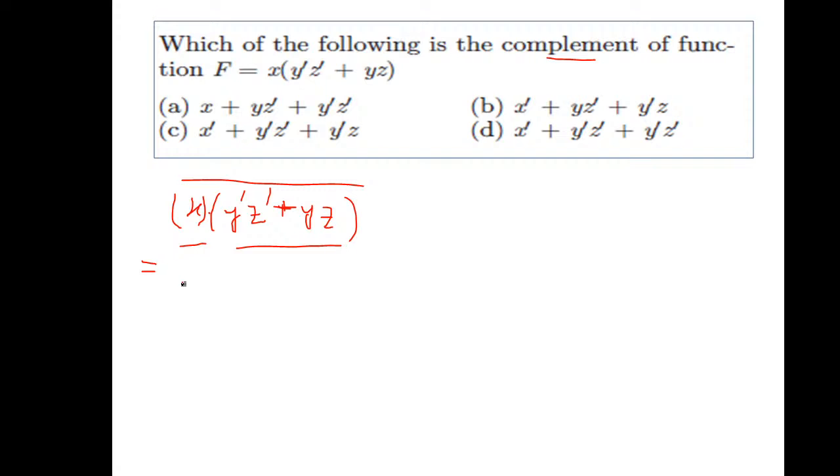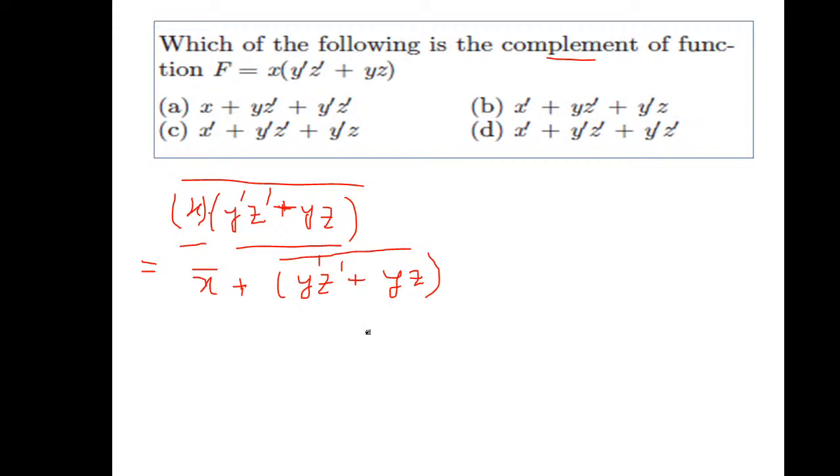Now we will be breaking the bar and putting the small bar over x bar and another bar over the full thing. So we can write it here as x bar, then dot will be converted into plus, and then we have y bar z bar plus yz, this whole bar. Is it clear to you?